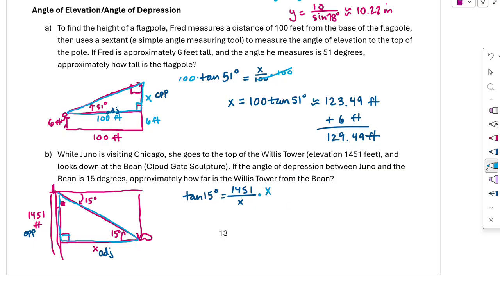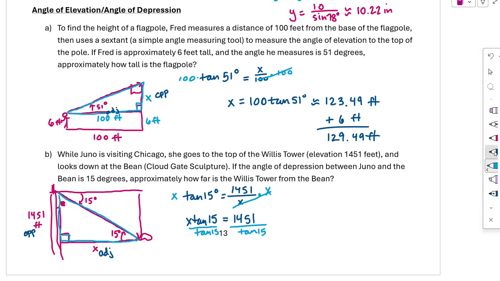All right, to solve, we're going to need to multiply both sides by x. So when we do that, we get 1451 is equal to x tan 15. And then we're going to solve for x. So divide both sides by the tangent of 15 degrees.